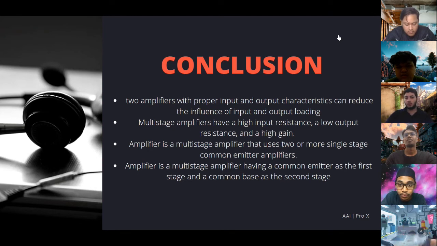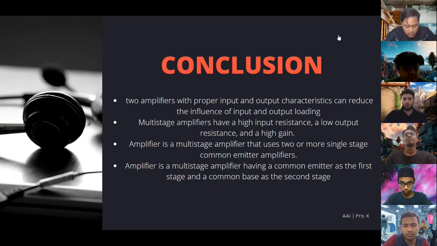A multi-stage amplifier uses two or more single-stage common emitter amplifiers. The multi-stage amplifier has a common emitter as the first stage and a common base as the second stage. And this is the conclusion for our project.